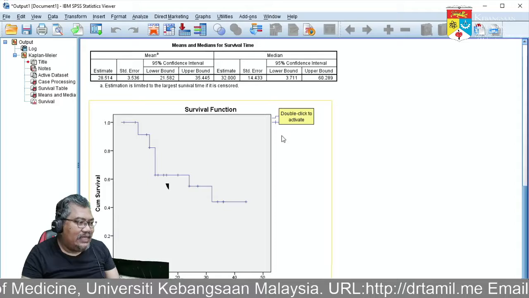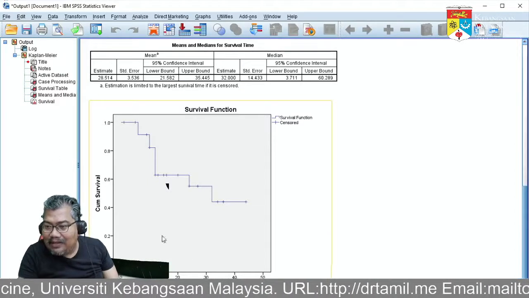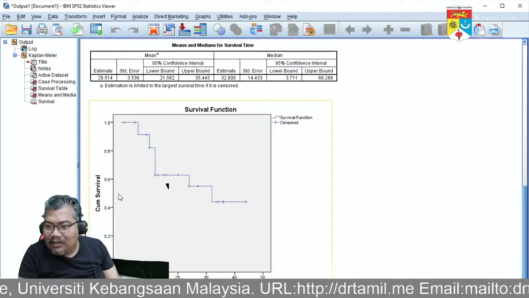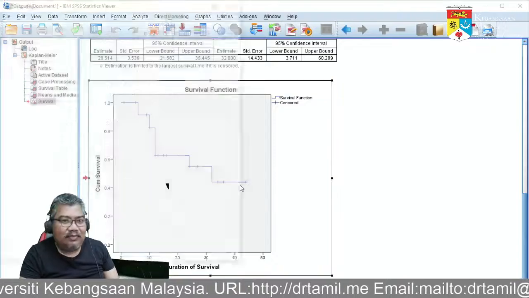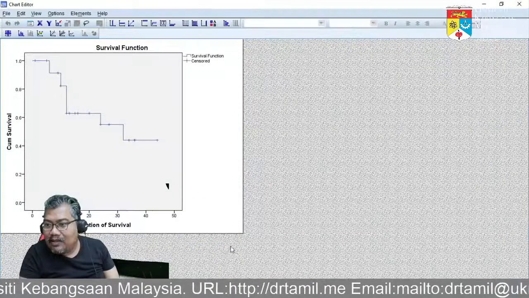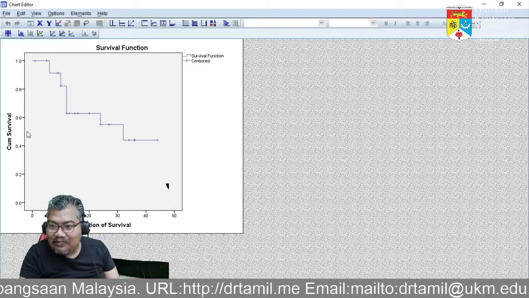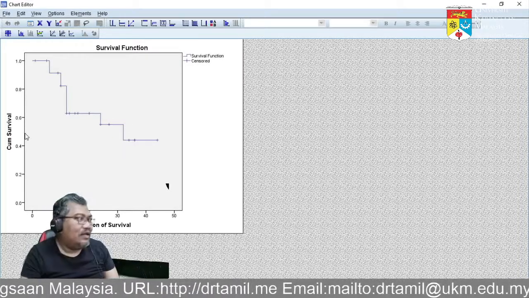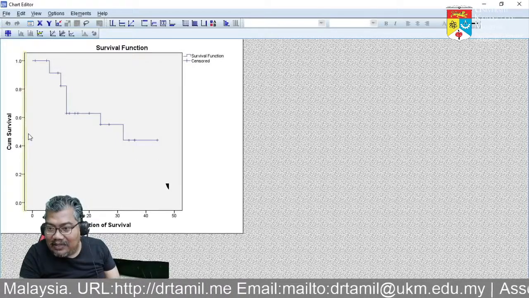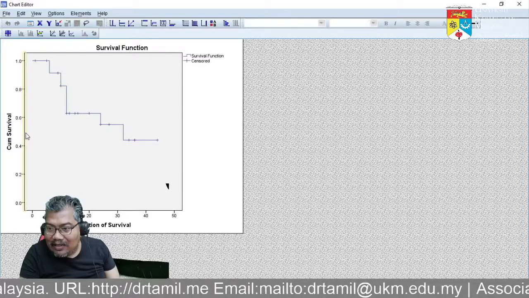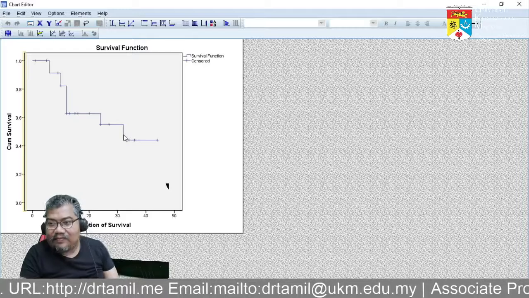Median is the middle point for the cumulative survival. I don't know whether you can see this, so I'm going to make it bigger. Here on the left side is the cumulative survival function. You only get the median when the survival function crosses 0.5.